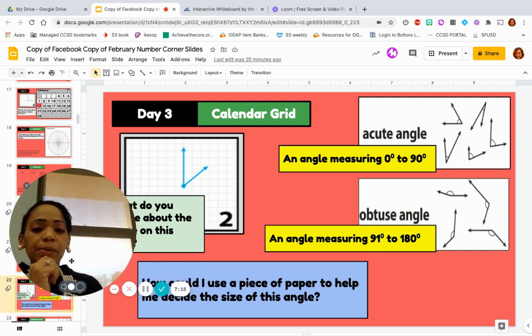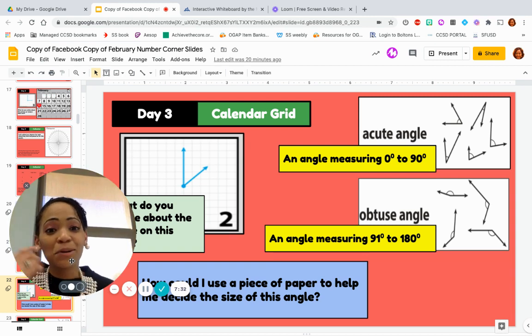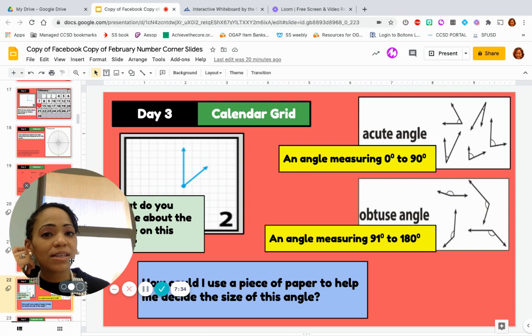Okay, how about what kind of angle do you think this is for our calendar marker from yesterday, February 2nd? What's it called? Yeah, it's so cute and little. Right, we know it's less than 90 degrees, but I'm wondering, how can we figure out exactly how many degrees this angle is?